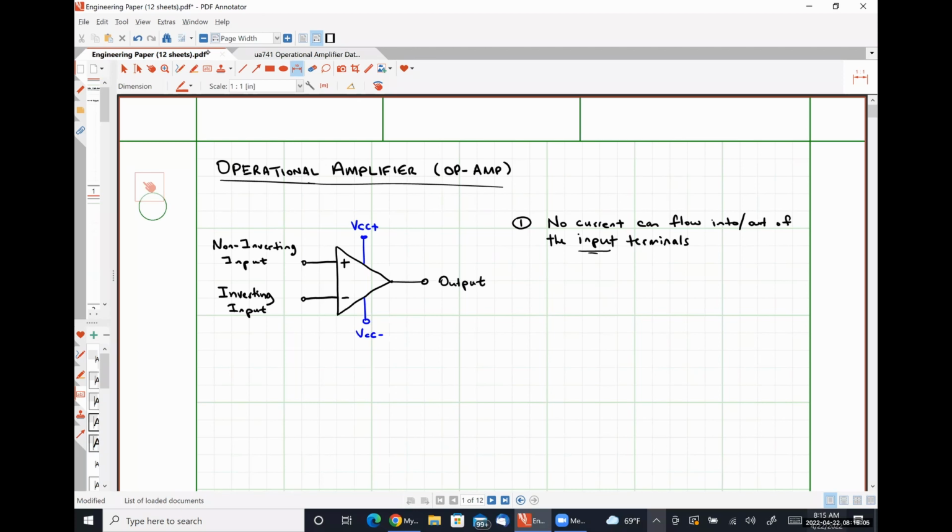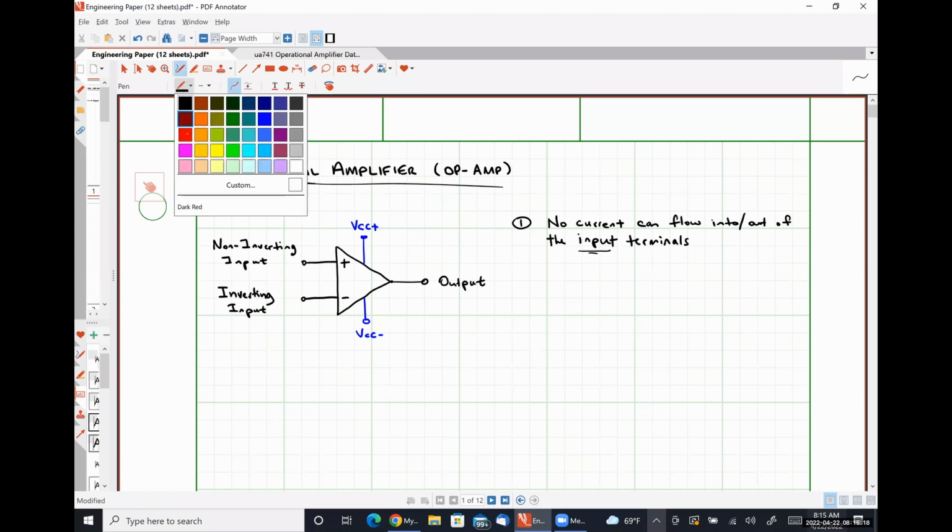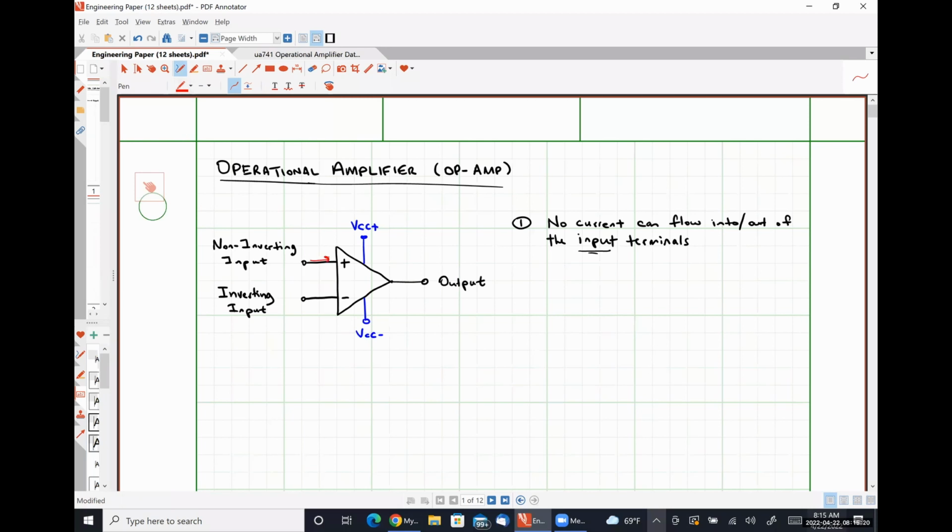And we're going to treat that as a current I plus is equal to 0, or a current I minus is equal to 0.